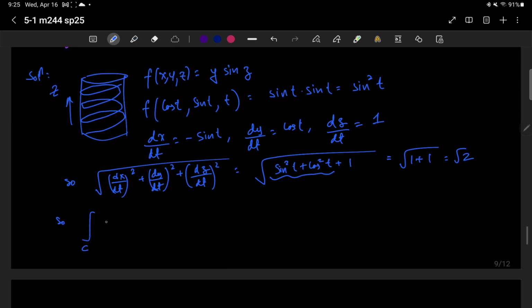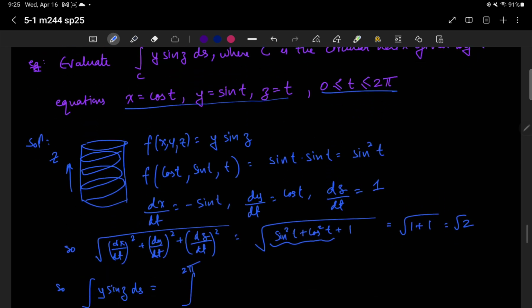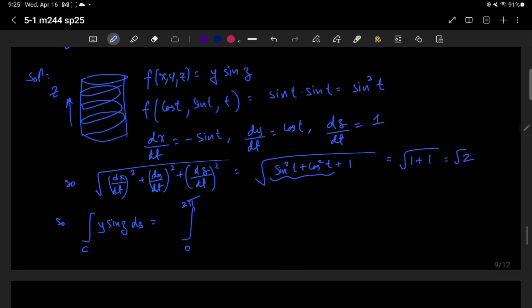So the line integral over the curve C of y sine z ds simply becomes the line integral as t goes from 0 to 2 pi, because that's what the limits are, of sine squared t times the square root of 2, dt.